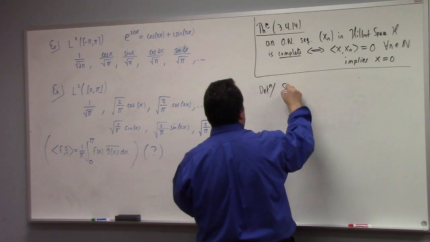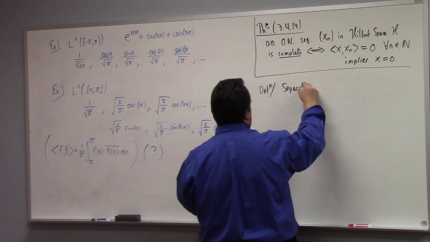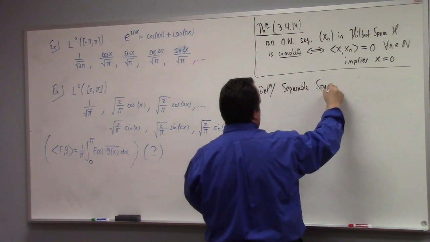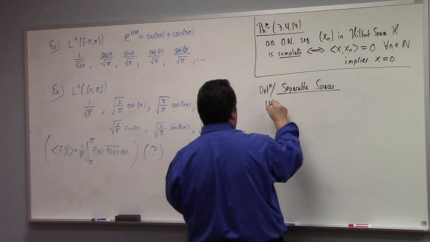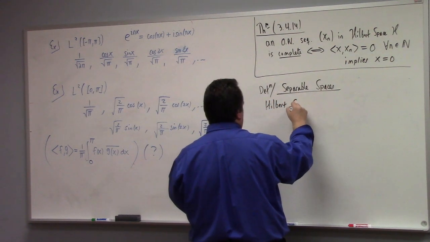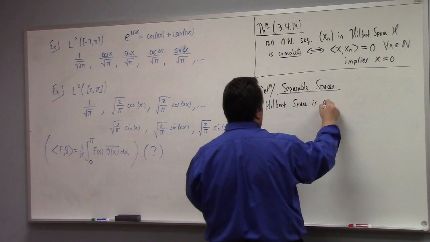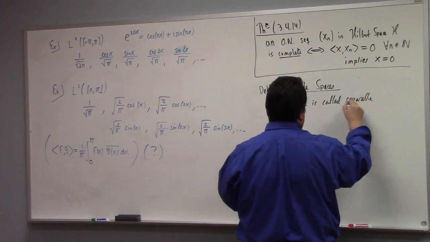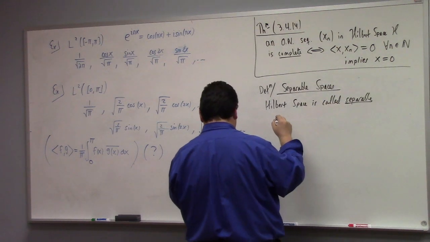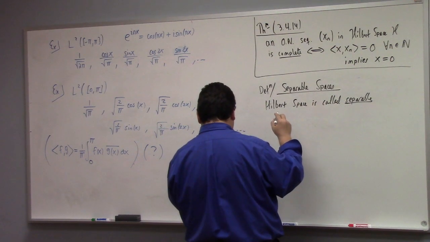So, separable spaces. A Hilbert space is called separable if it contains a complete orthonormal sequence.